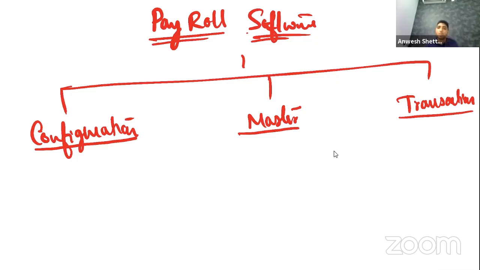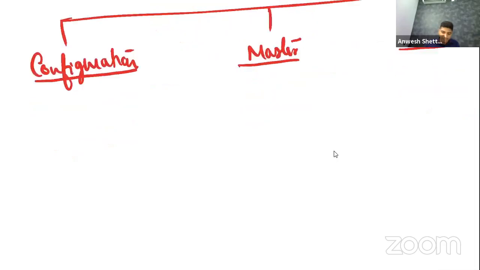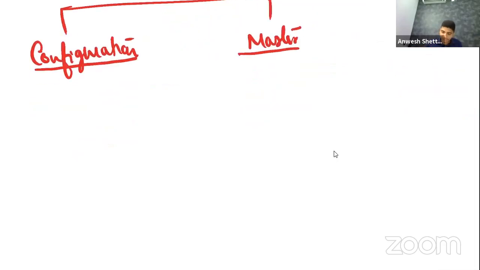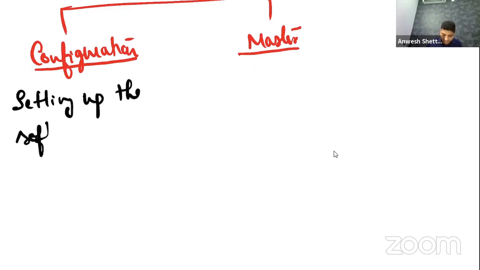Let's talk about what is configuration. Configuration means setting up the software. So let us say that I am downloading one software.